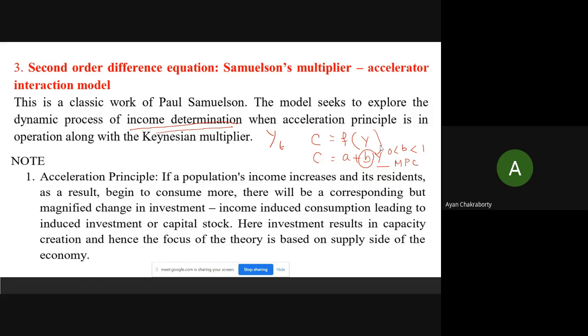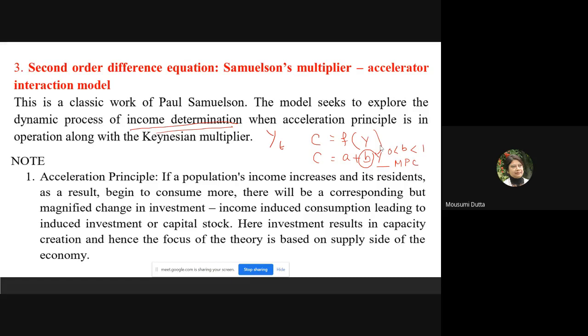Dhirubhai Ambani, if you consider his income and his consumption, will it be similar to that of us? No, ma'am. Because consumption is fixed up to a certain level. How much you can eat, how many cars you can keep, how many houses you can keep, there is a limit. You cannot go on and on with consumption.